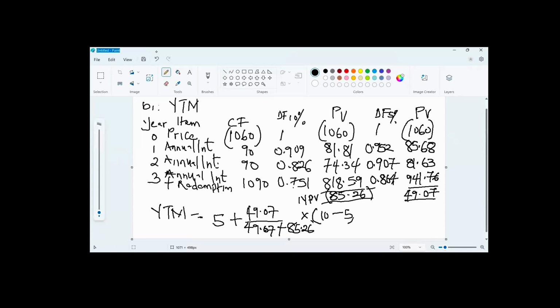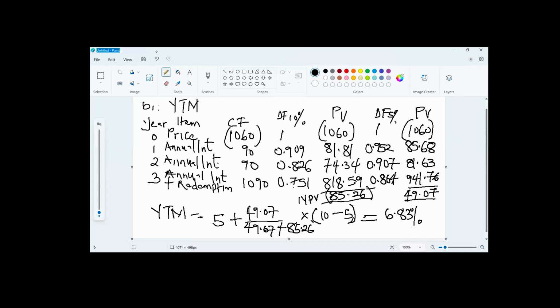What is the final answer, please? What is the YTM of this bond? 6.83%.